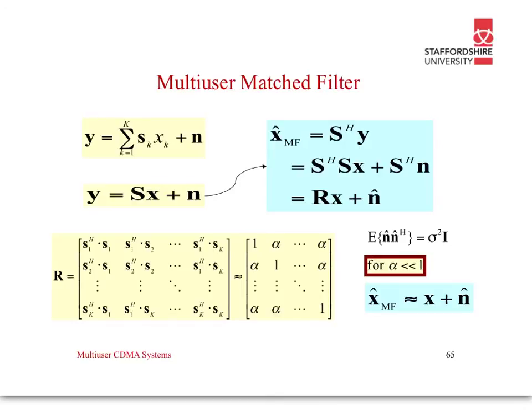So the match filter output is S Hermitian Y, or S Hermitian S X plus S Hermitian N, equals received times X plus N. So received is S1H1 times S1, S1H2 times S2, all the way to S1SK.